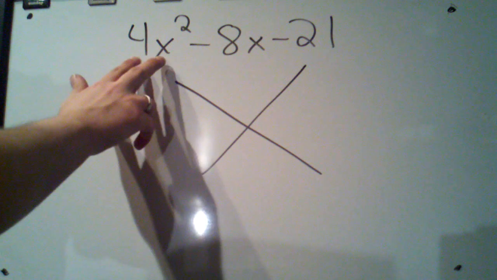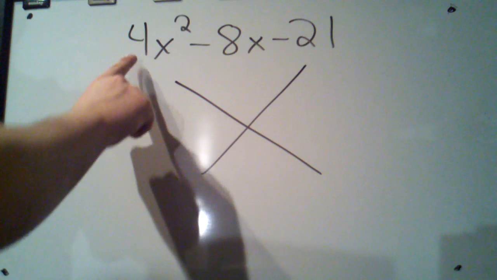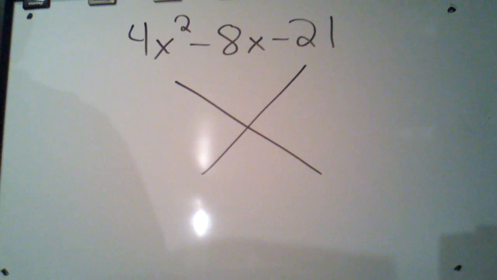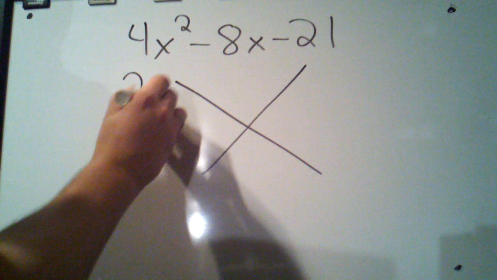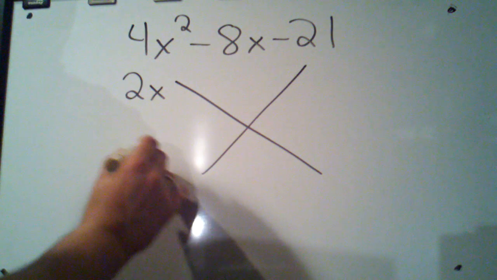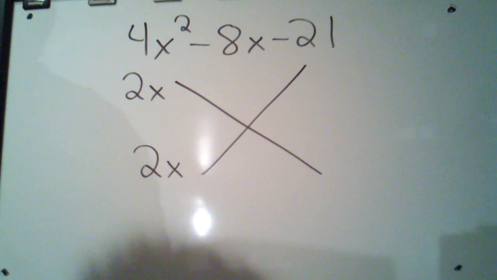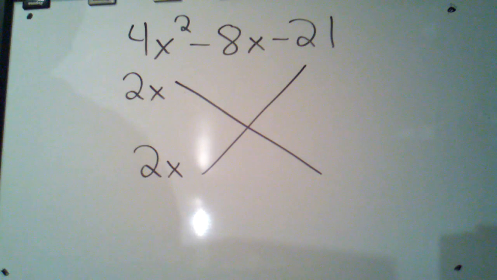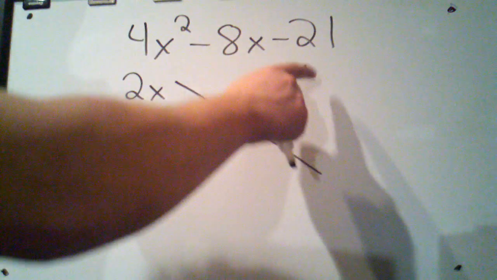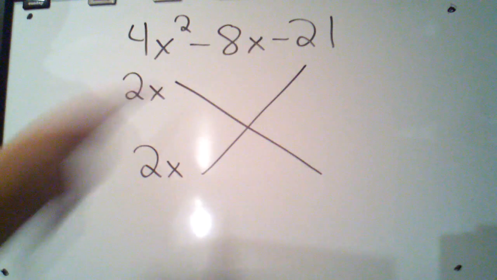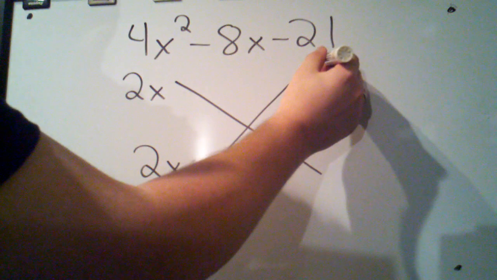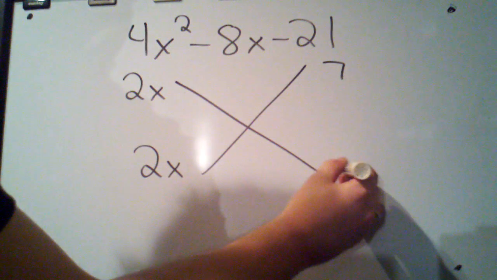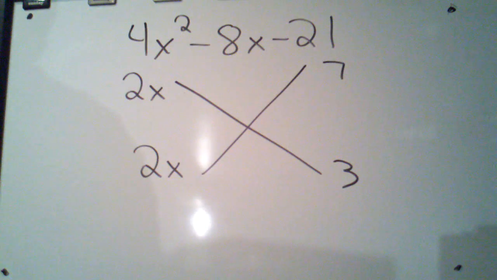We want to find two numbers now that multiply to get us to a 4x squared, which in our case, 2x times 2x gets us to a 4x squared. On this end, I want to find two numbers that multiply to get me to a 21. 7 times 3 gets me to my 21.